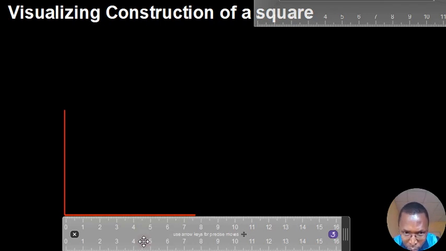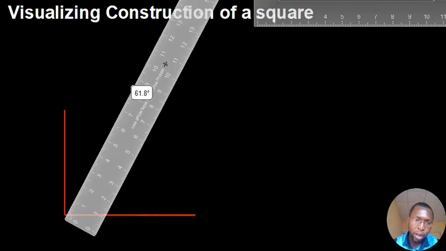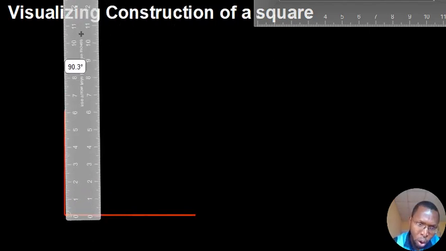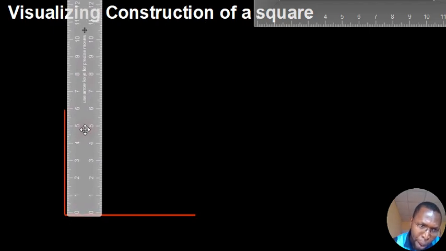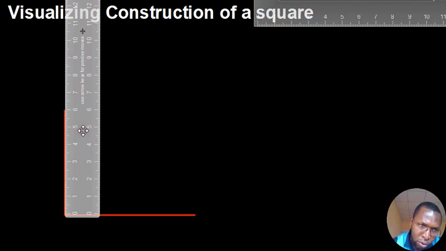So with this 7.6 now, from 0 to 7.6, I can now rotate my ruler to the other side of the line to get my 7.6, because the square has all the sides equal. So I place my ruler on that line to get my 7.6, and with my pencil complete the line to make it 7.6.